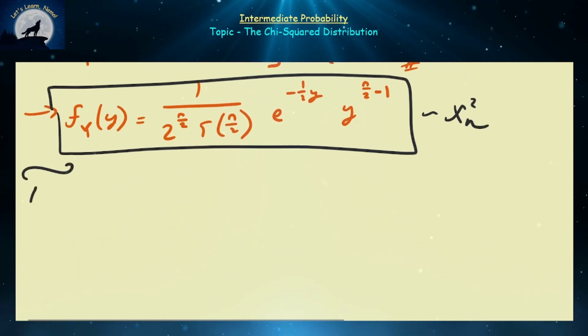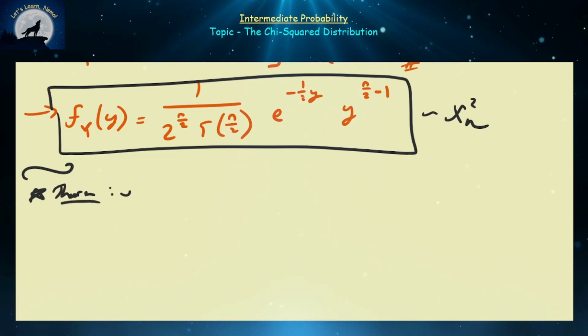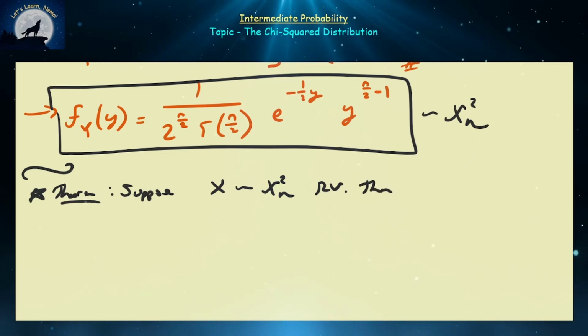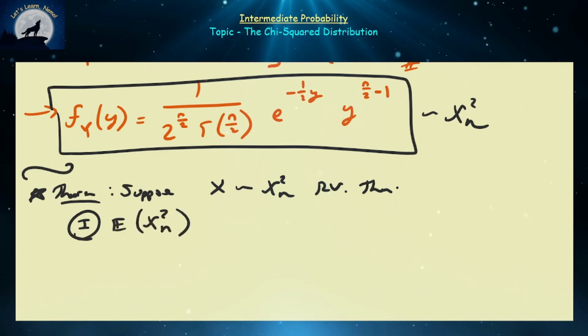All right. And from here you can obviously derive the expected value of a chi-square n random variable. So let's suppose that x is a chi-square n random variable. Then I at least leave to you to try on your own, so you at least have two different ways to show that the expected value of a chi-square n random variable will just be equal to that number n.